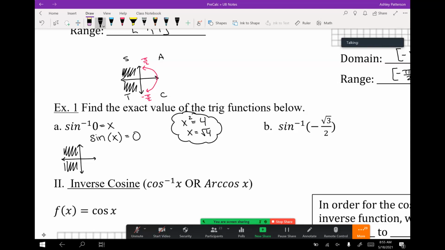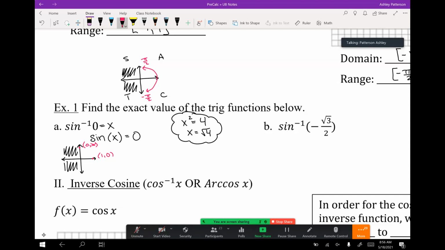Cole? 0. Two very good guesses. Let's see. If we're at 90, our coordinate is 0, 1. Which part is sine? Is it the x or the y? It's the y. Yeah. So unfortunately, even though it was a good guess, it can't be that one. If we're at 0, the point is 1, 0. Does that fit?